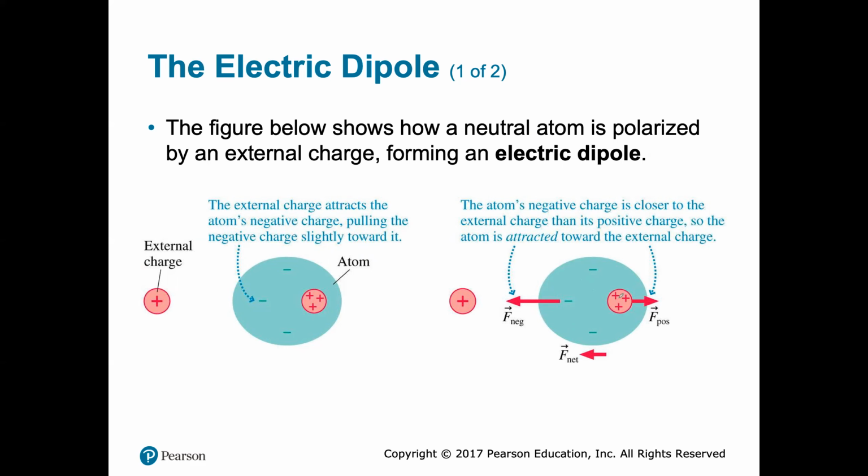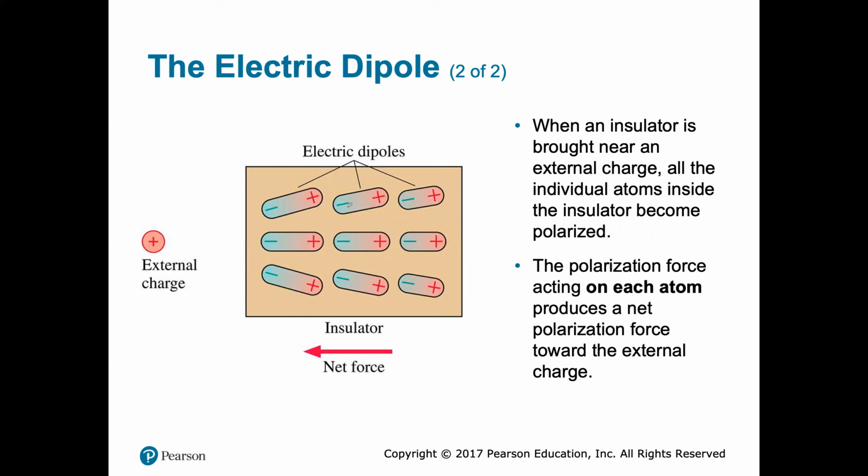If a lot of atoms behave in this way, then if you sum up all of the polarized atoms' effects, you will see the net force between the external charge and the whole material is still an attractive force.